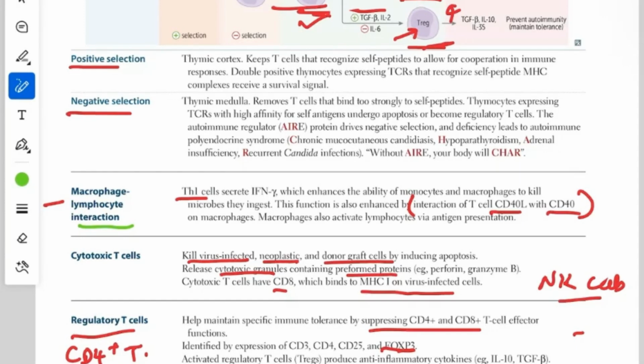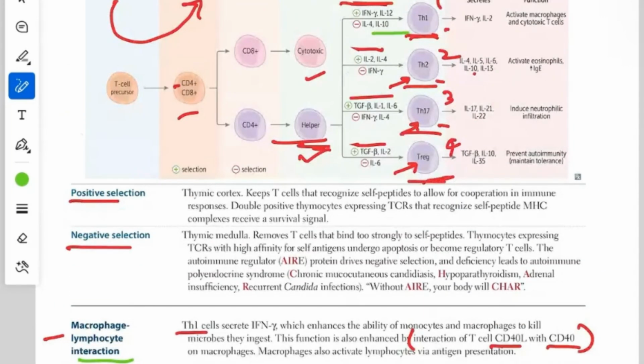Okay, so once the Th1 cell, right, particularly here, the macrophage picks up TB as an antigen presenting cell and brings it to the CD4 T cell, the CD4 T cell will be activated and then stimulate the macrophage to go back and kill the TB in the lungs. All right. That's what this whole thing is talking about. The interaction between the macrophage and the CD4 positive T cell.